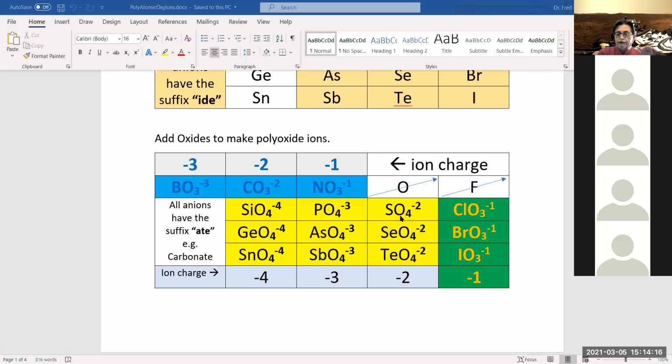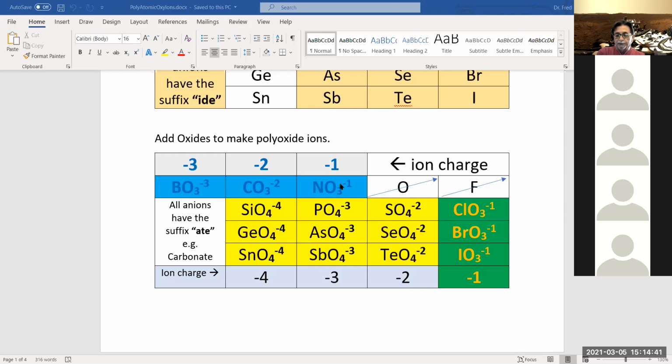You see the sulfate, the SO4, has a -2 charge, and down all the way down to group 6, the phosphate has -3, and the silicon oxide, -4.